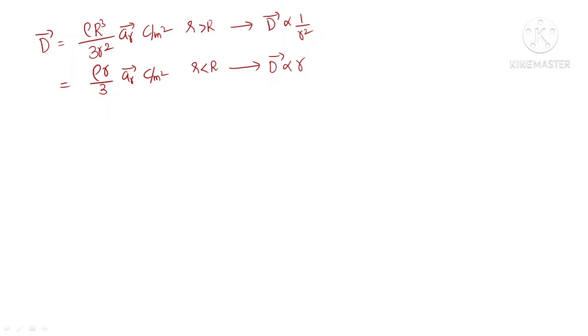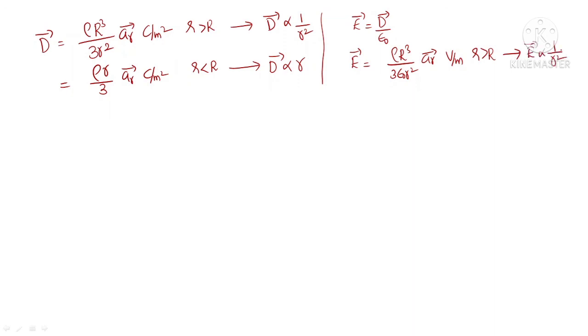Okay. If you want the expressions for electric field intensity, you can get like this. As we know that E bar is equal to D bar by epsilon naught, we can write E bar is equal to rho into R cube by 3 epsilon naught r square a r bar volt per meter for the region r greater than R. It implies that the magnitude of E is proportional to 1 by r square.